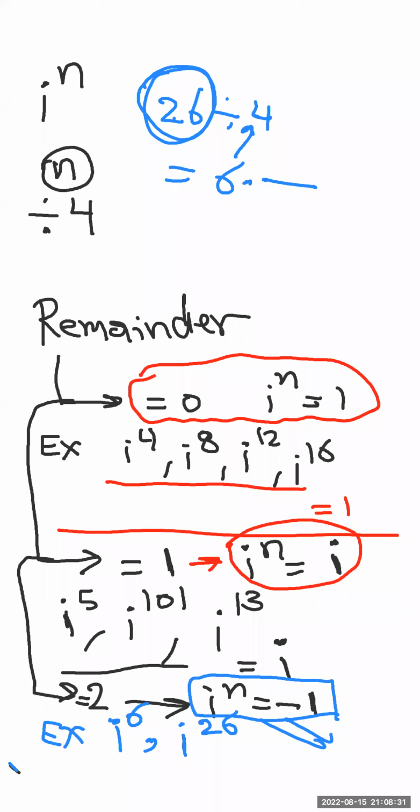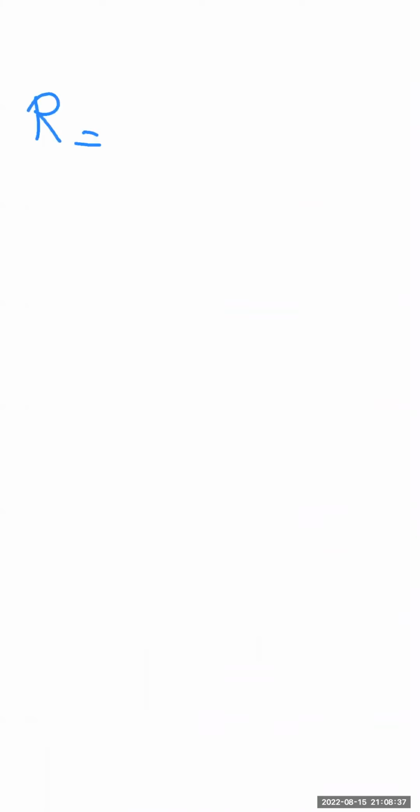The last case: if the remainder equals 3. In this case, i to the power n will equal -i. For example, i to the power 7. Now divide 7 by 4, it will equal 1.